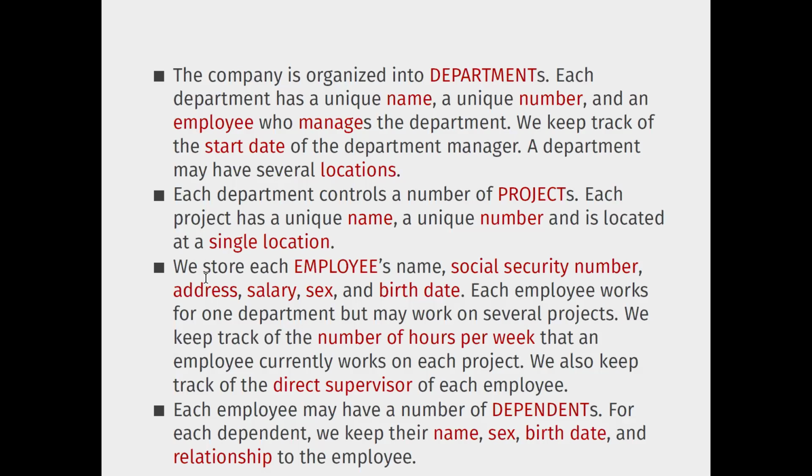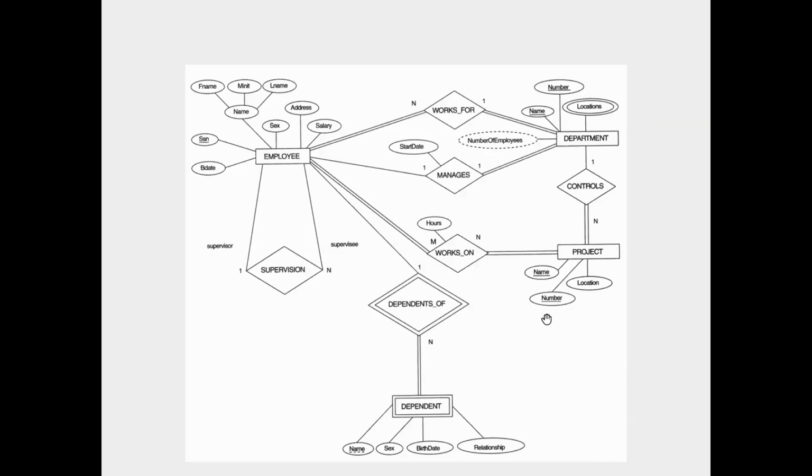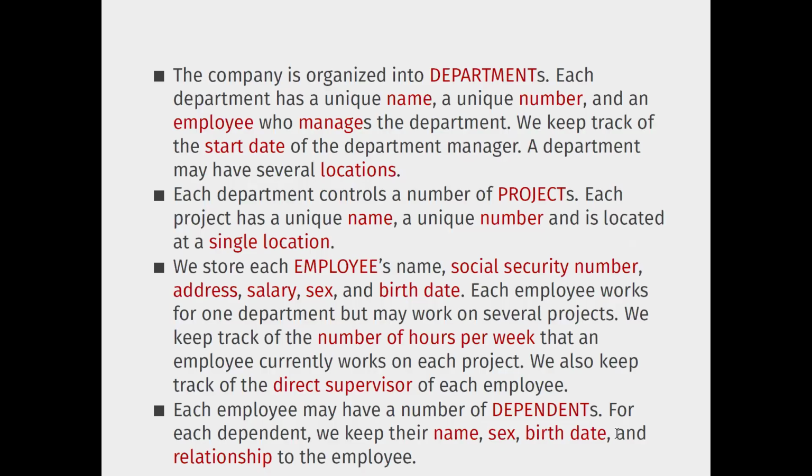That's exactly what we are going to do. By identifying these, we should be able to develop something like this, and this is exactly what I want to discuss today. Having said that, we have the company. This description is about a company, and it says things like, the company is organized into departments.